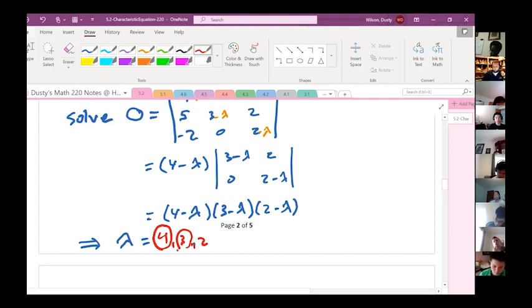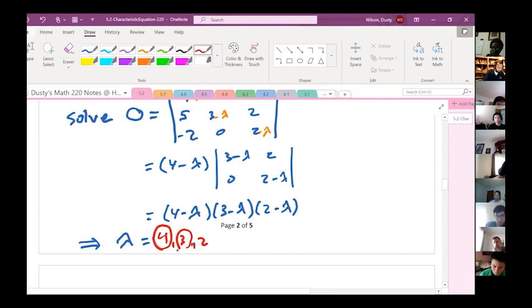Good question. Ahmed asked why isn't it 1/3 minus 2 minus lambda? I think, Ahmed, what you're looking for in your question is the inverse.